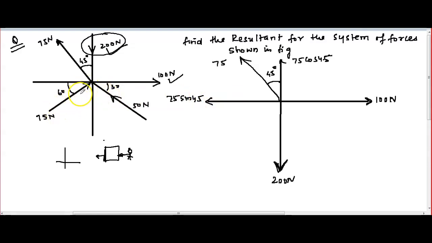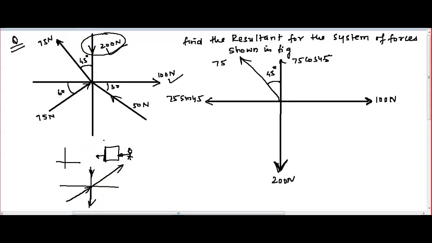Whenever the force is coming inside, earlier 200 was coming inside, so I extended it. Similarly here, if this 75 Newton force is coming inside, you extend it. It will go like this.